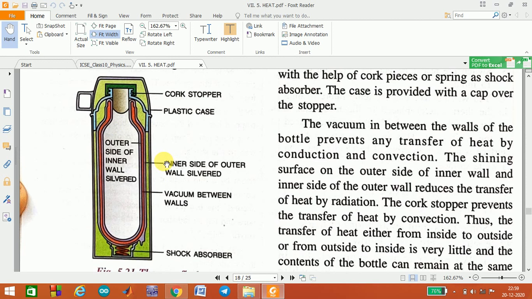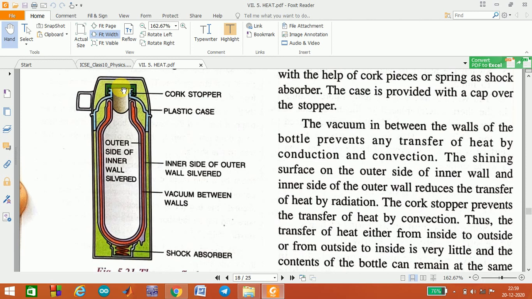Both the walls are made shiny on the vacuum side. The mouth of the bottle is fitted with a cork or plastic stopper. This one is the plastic or cork stopper.